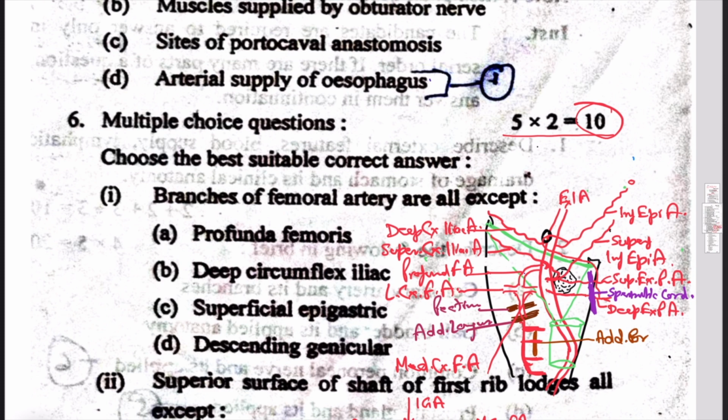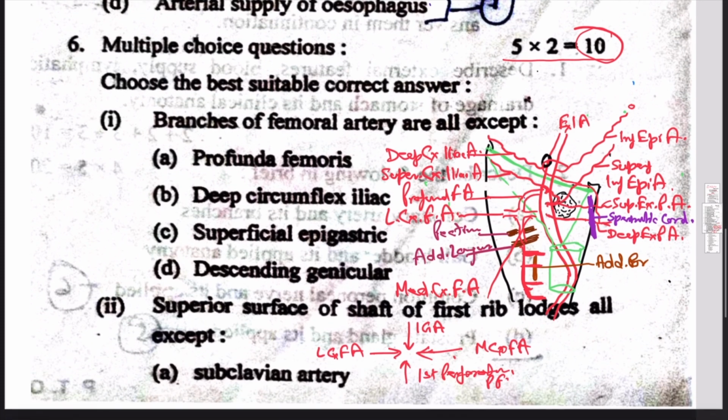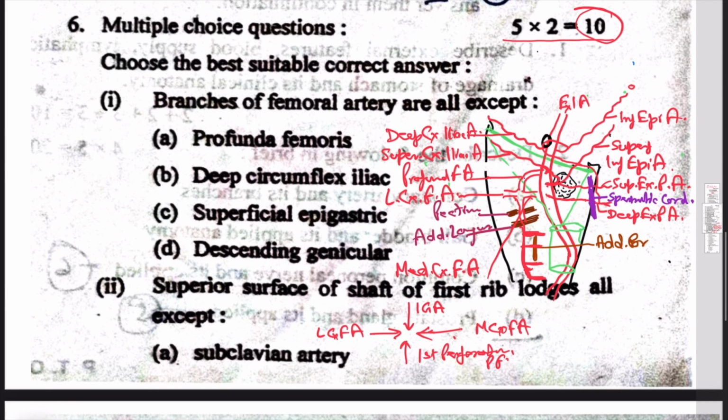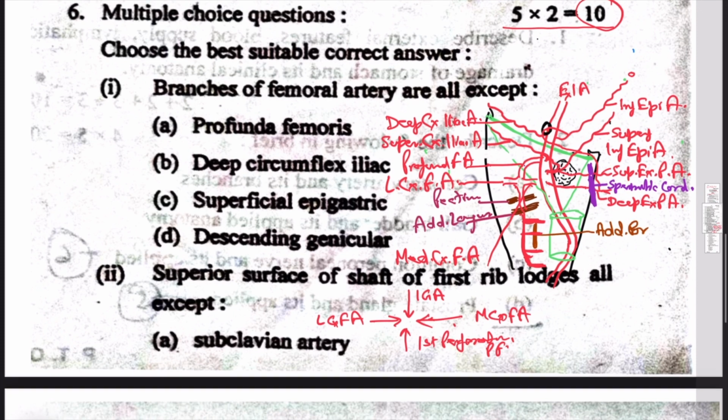Sorry. I think I should use a little above. I think it's visible now. So you've seen these two lateral and medial circumflex femoral arteries, a descending branch from inferior gluteal artery, and an ascending branch from the first perforator of profunda femoral artery.